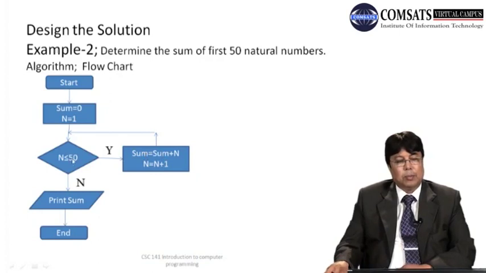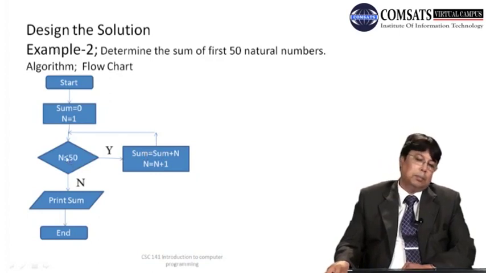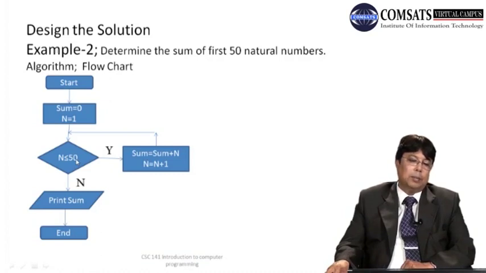Then if n is not less than 50, rather n is greater than 50, then it will exit and it will print the sum. The sum which is updated here will be printed here.